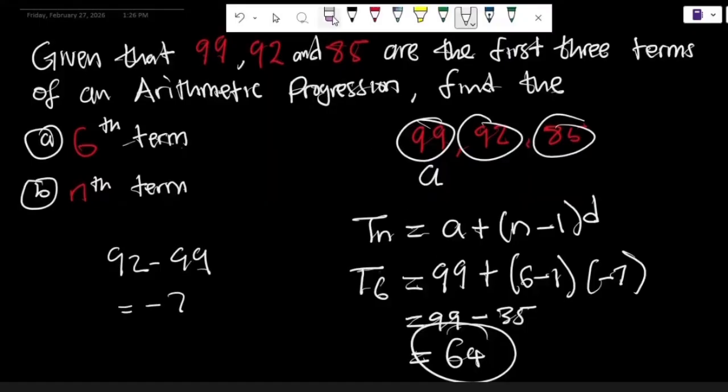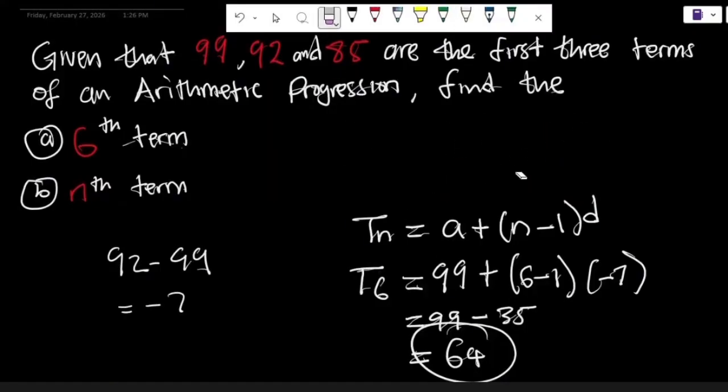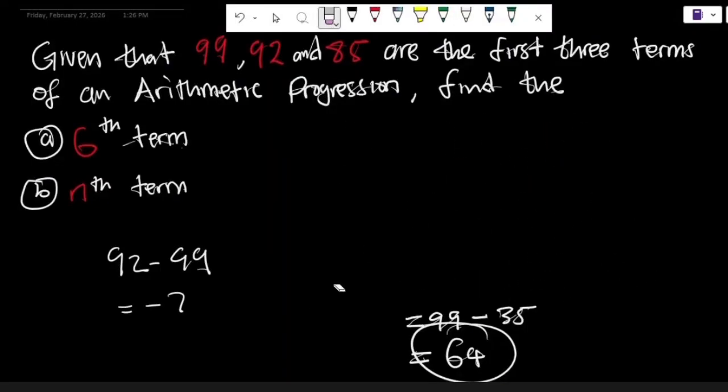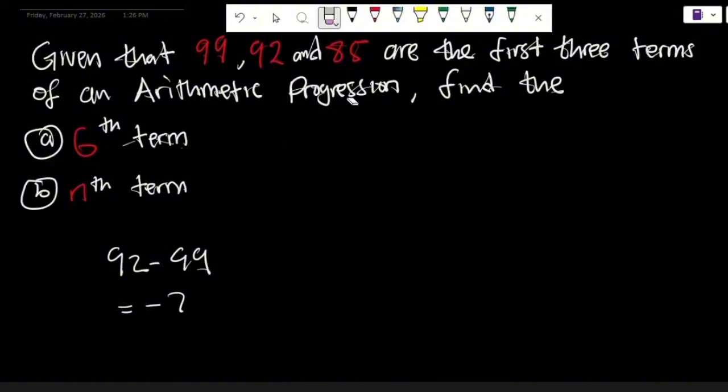Now that we've found this, we can go ahead and deal with the second problem. So how do you find the nth term? Keep in mind, the formula is just the same: a plus (n minus 1)d. We are going to have the same values for a and d, except that for n, we still have the nth term.